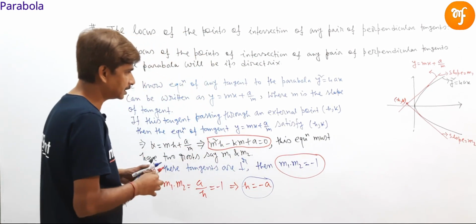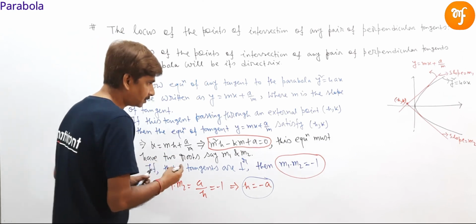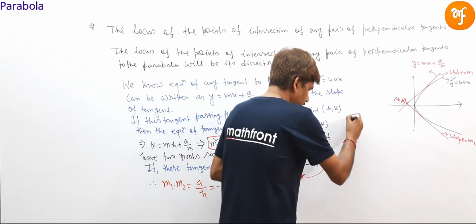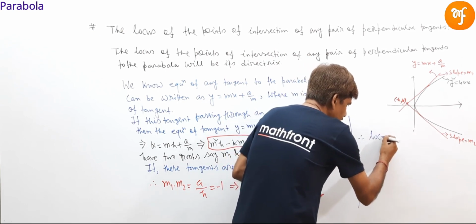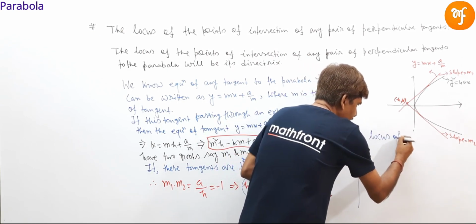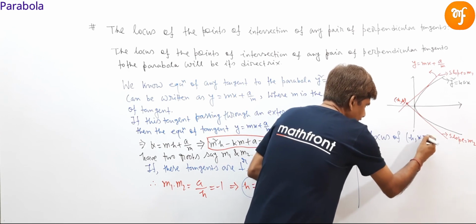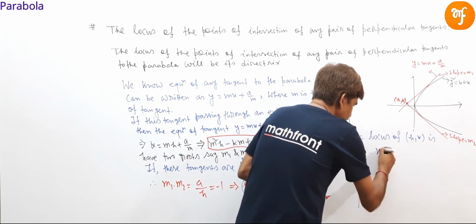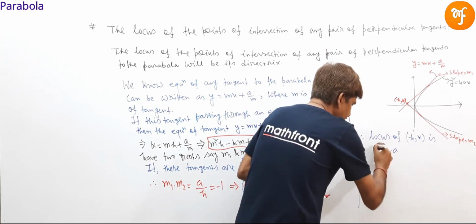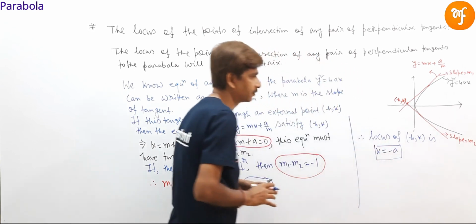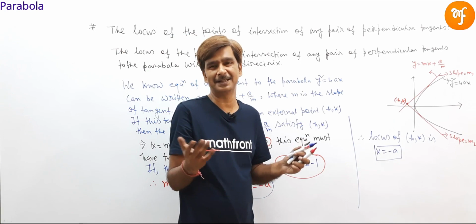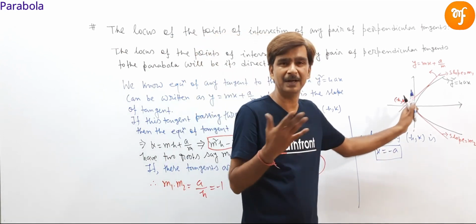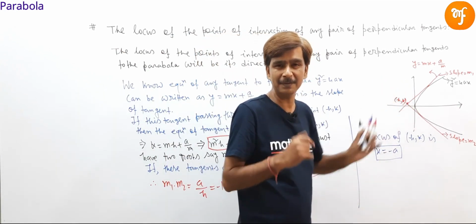Therefore, the locus of h comma k is x is equal to minus a, and this is nothing but the directrix of the parabola.